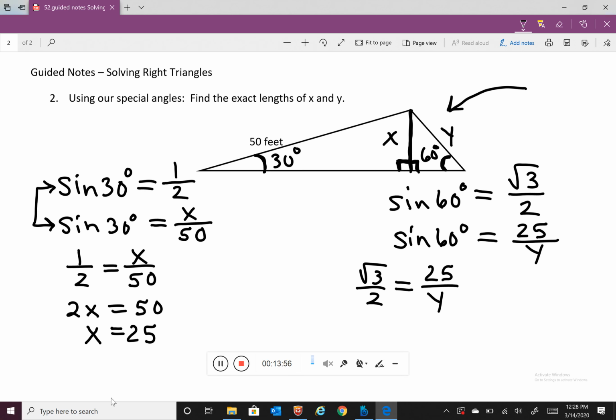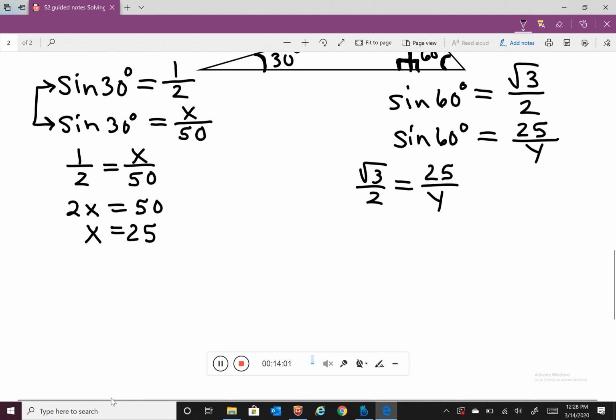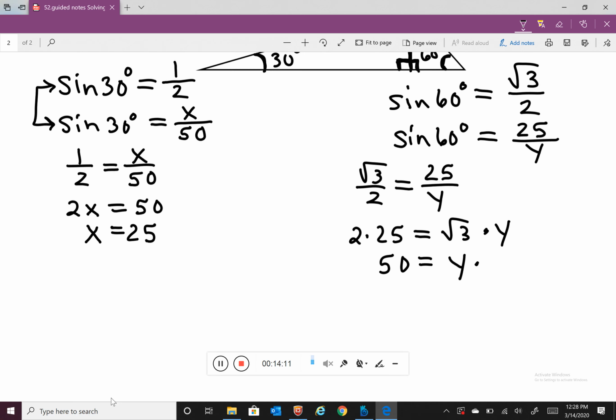and cross multiplying, we have 2 times 25, which is 50, equals radical 3 times y. So 50 equals y times the square root of 3. And then dividing to solve for y, y is equal to 50 divided by the square root of 3.